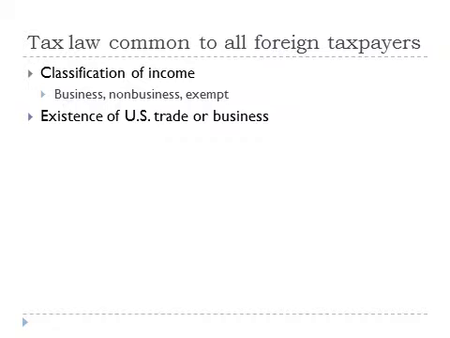Another area of tax law concerns the question of whether or not the foreign taxpayer is engaged in the conduct of a U.S. trade or business. Not only must we know how to classify income, we must know how to determine the source of the income. Because non-resident aliens and foreign corporations are ordinarily taxable in the United States only on U.S. source income.